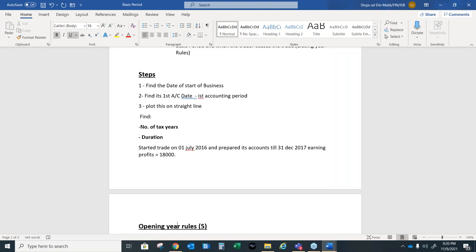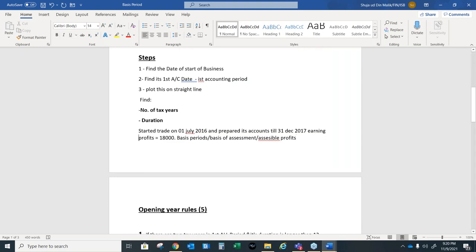So the examiner may ask you to prepare basis periods, slash basis of assessment, slash assessable profits. All of these three terms mean the same. You have to prepare basis periods.